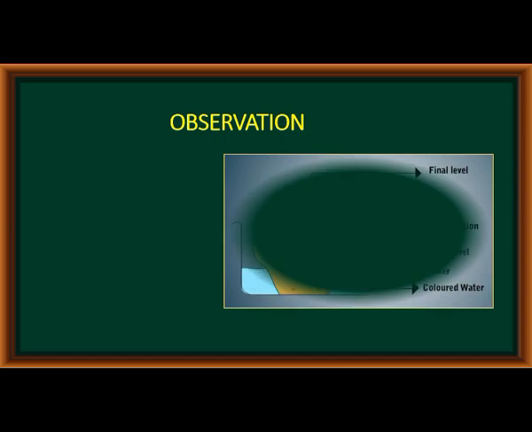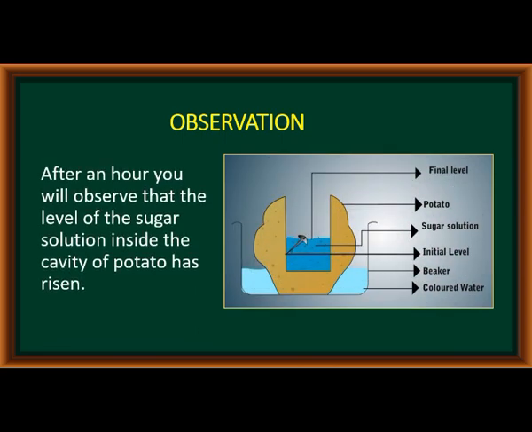Observation. After an hour, you will observe that the level of the sugar solution inside the cavity of the potato has risen. So this is the beaker containing colored water. Now this is the potato with the cavity.